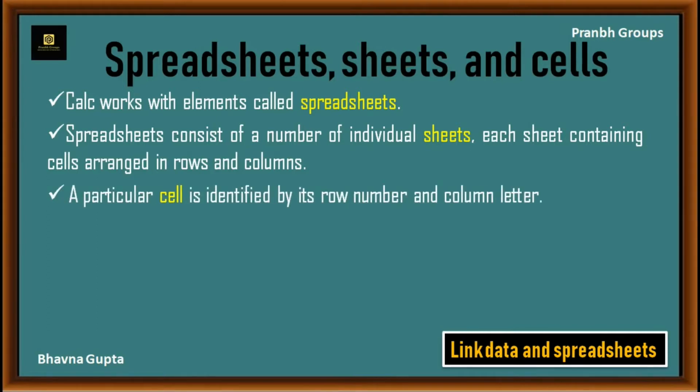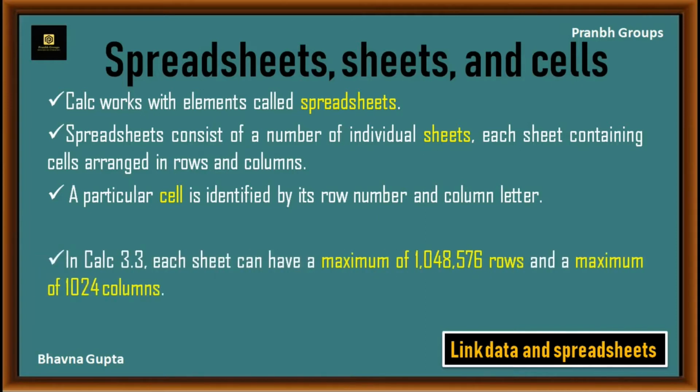A particular cell is defined by its row number and a column letter. Cells hold the individual elements like text, numbers, formulas, and so on that make up the data to display and manipulate. Each spreadsheet can have many sheets and each sheet can have many individual cells.